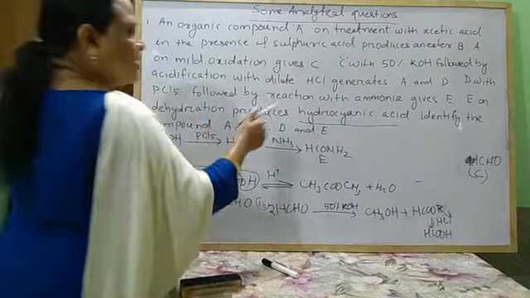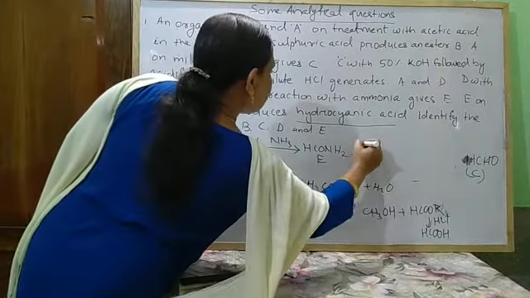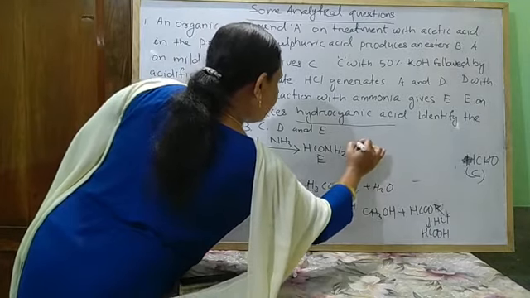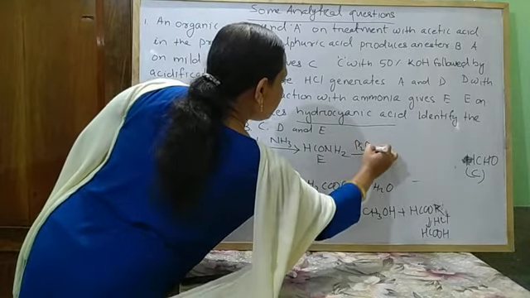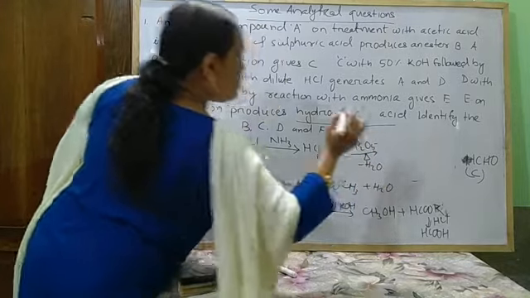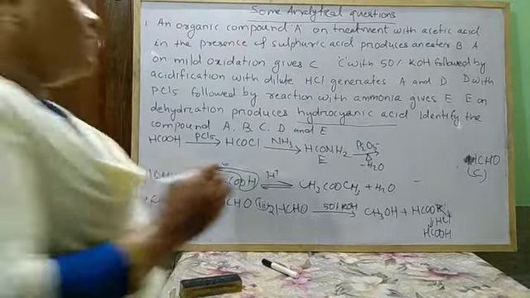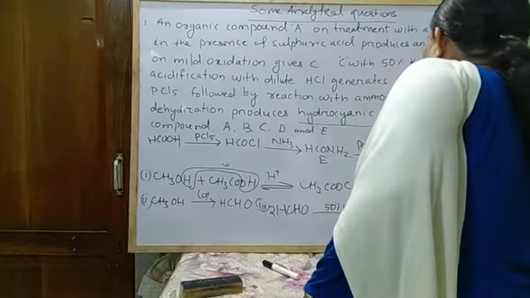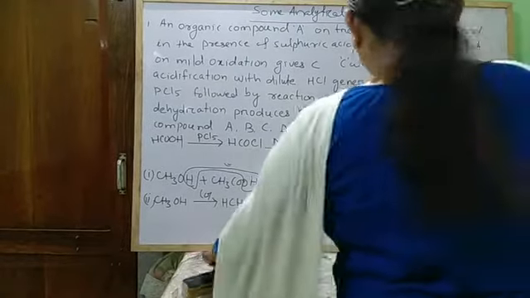E on dehydration produces, so when it is heated with phosphorus pentoxide, dehydration takes place, minus H2O, it forms hydrogen cyanic acid.